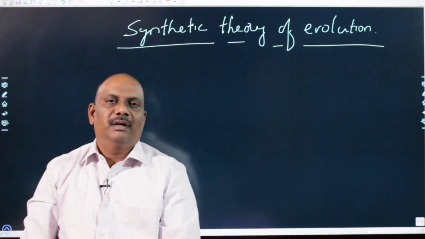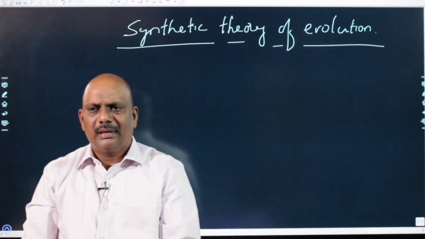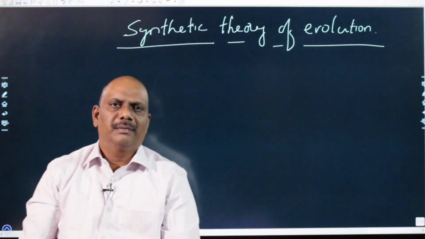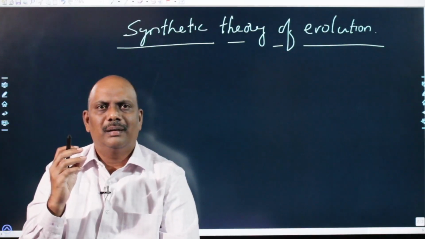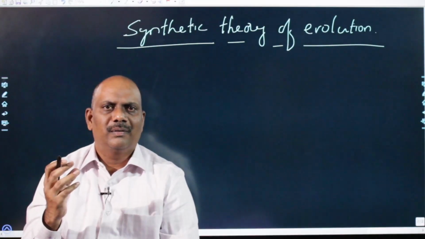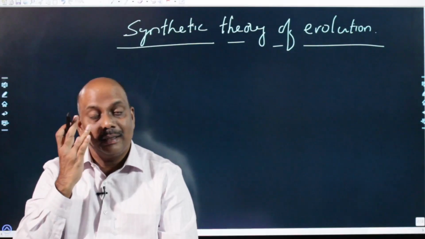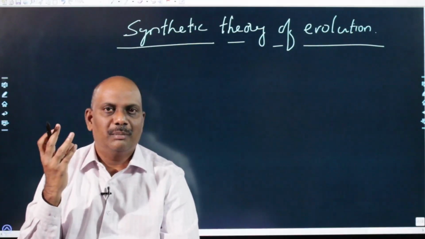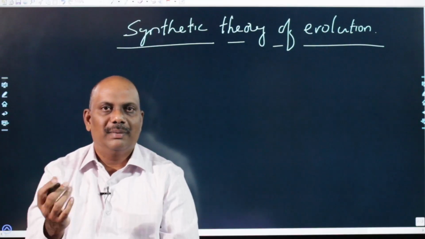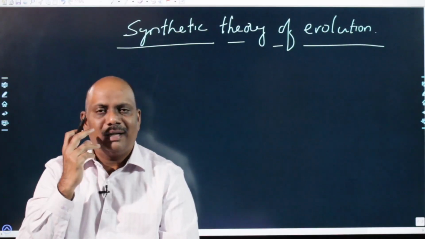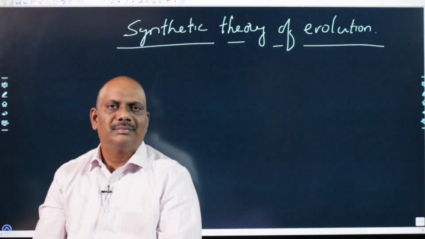Synthetic theory of evolution. With the development of knowledge at the molecular level in evolution, like the knowledge about DNA, RNA, genes, genome, etc., there was a further synthesis of neo-Darwinism.